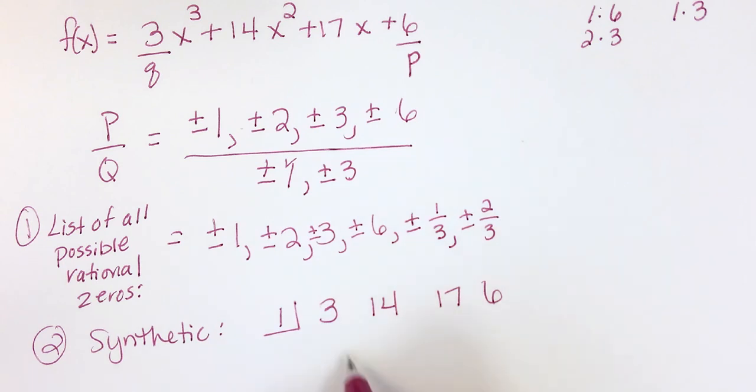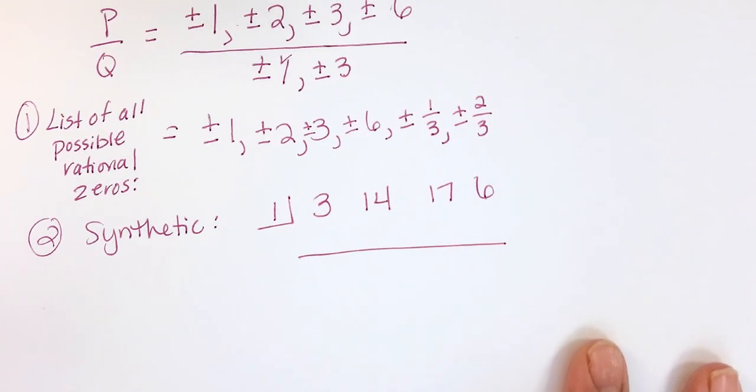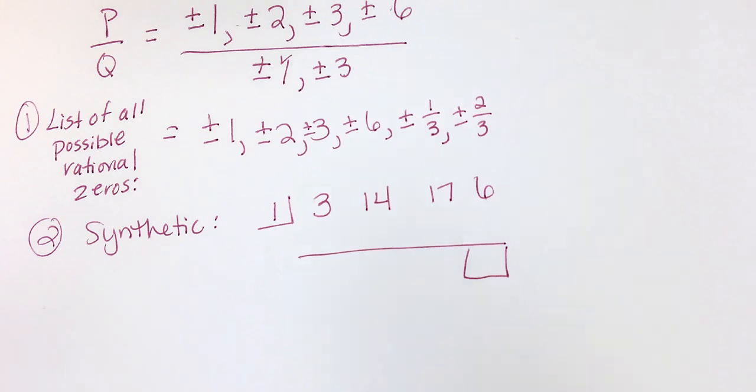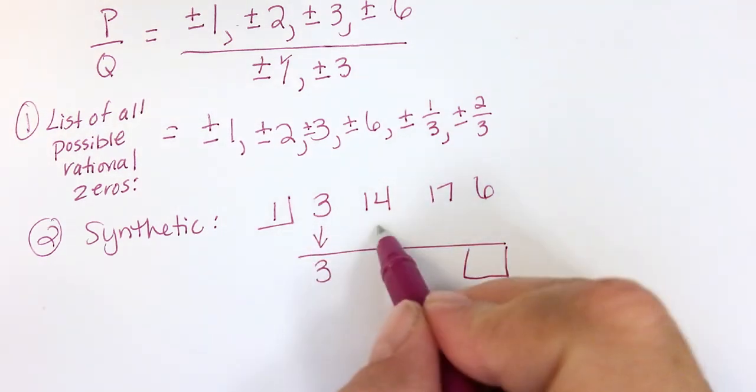We're going to skip a little line, draw a line, and do synthetic division with this and see if it works. It works if the remainder is 0. So we want 0 here. If this is not 0, we'll move to the next number. Bring down the 3. 1 times 3 is 3.